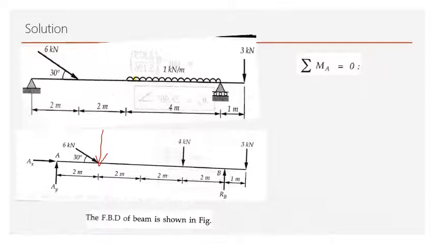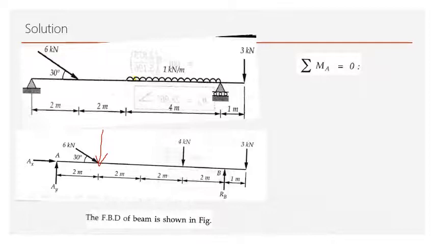And this 4 kilonewton which is at a distance of 6 meter, so the moment is 4 into 6, and this RB into 8, right, and this 3 kilonewton, 3 into 9. These are all the moments.